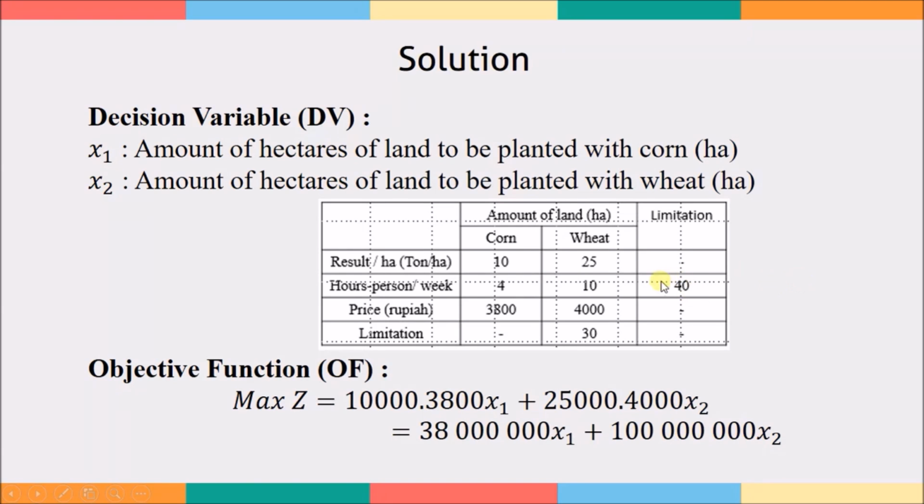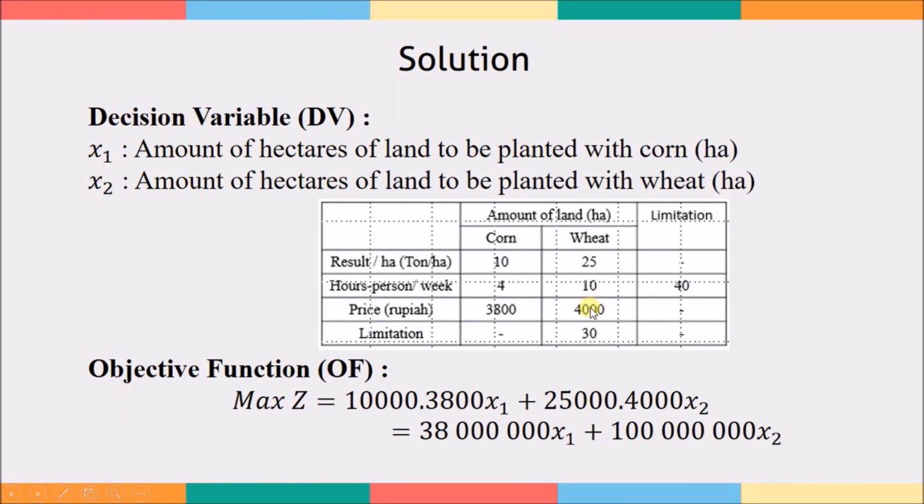The limitation of labor is 40 from the farmers. The price for corn is 3,800 rupiahs, while wheat is 4,000 rupiahs. And the government limitation requires at least 30 tons of grain.